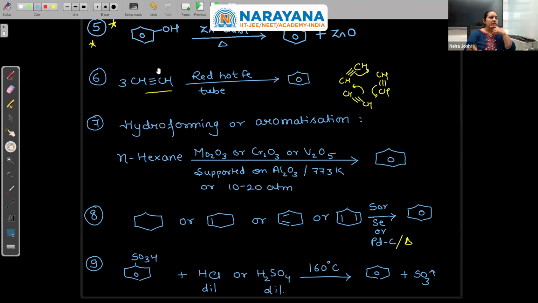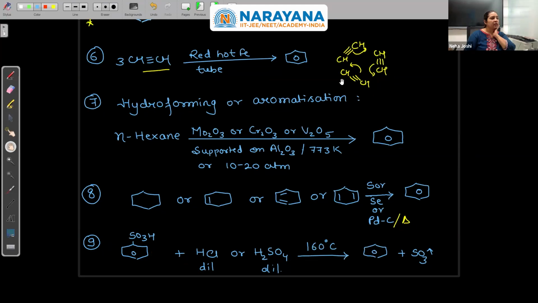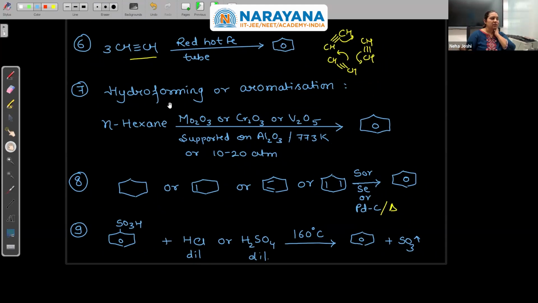Then comes this cycloaddition, red hot iron tube. If I have acetylene, right, then I will have this type of cycloaddition and we will have formation of benzene. Correct? This is yesterday's work. This is again old work, day before yesterday.